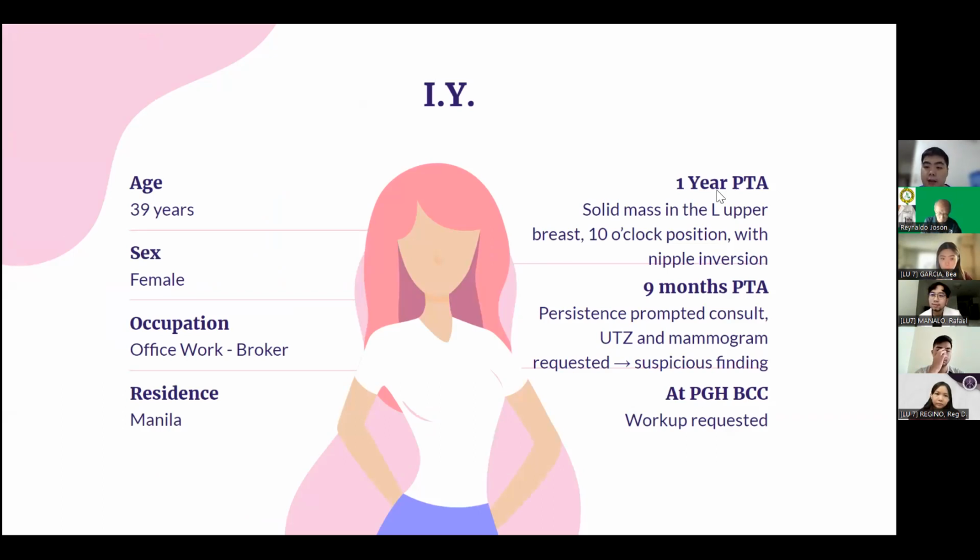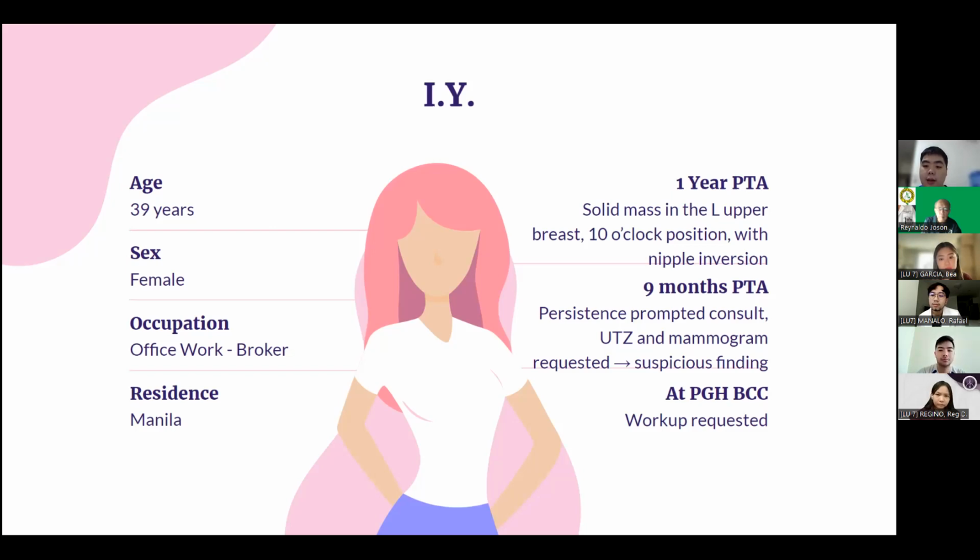So she had a 1-year history of a solid mass in the left upper breast in the 10 o'clock position, with nipple inversion, but no other skin changes such as redness, erythema, or peau d'orange, and no nipple discharge.